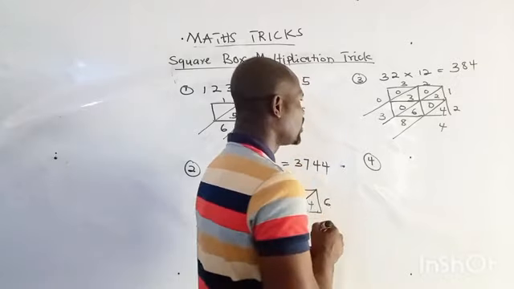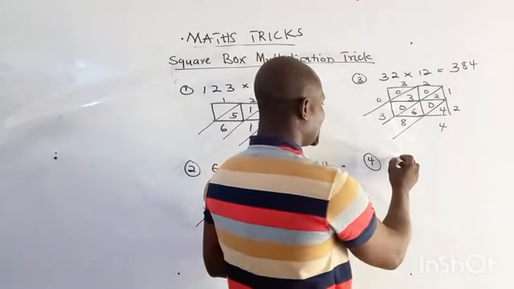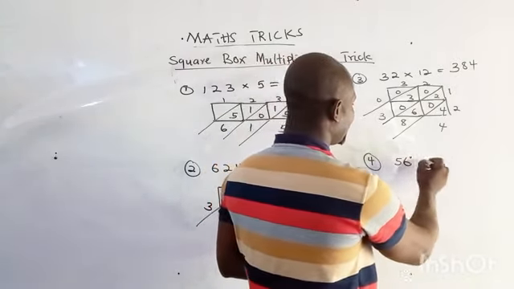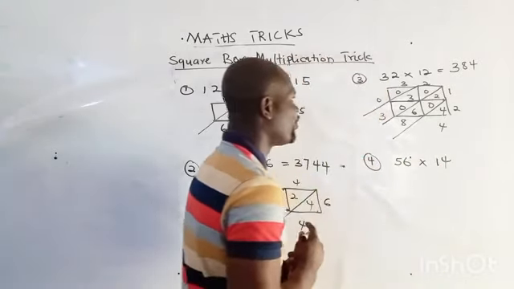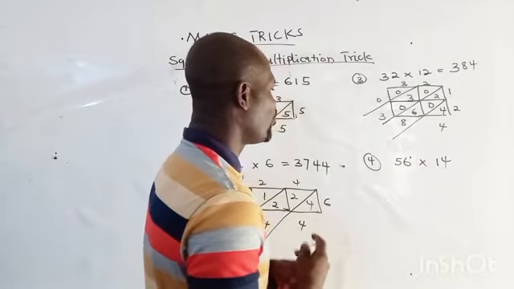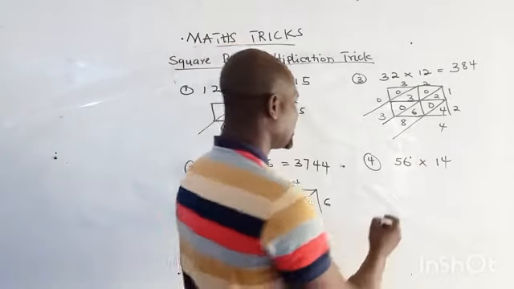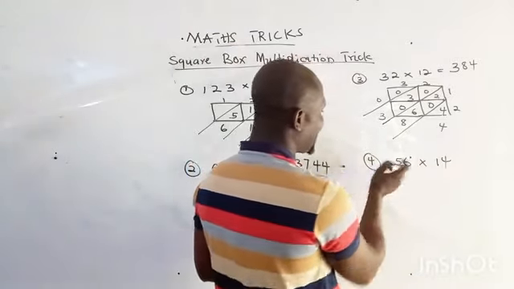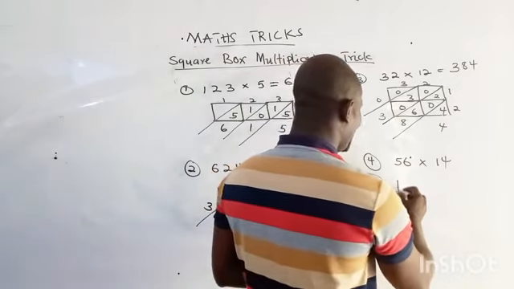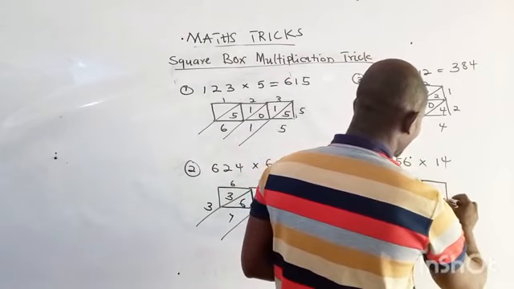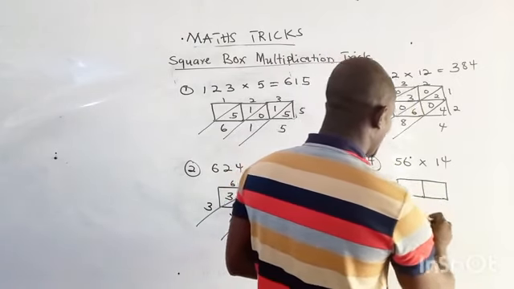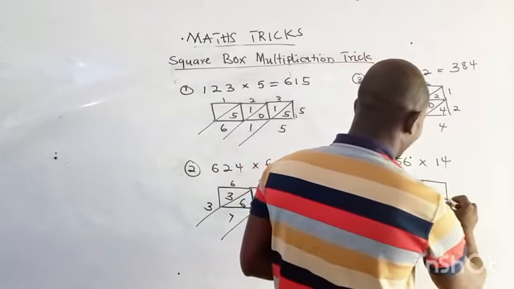Let's take another example. Example 4, where you have 56 times 14. 56 times 14. Let's see how we go about this. The first set of numbers, there are 2 digits there, so the same way you have 2 square boxes against another 2 square boxes as well.